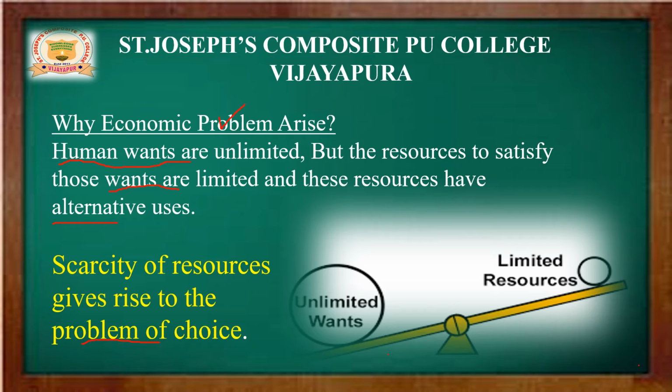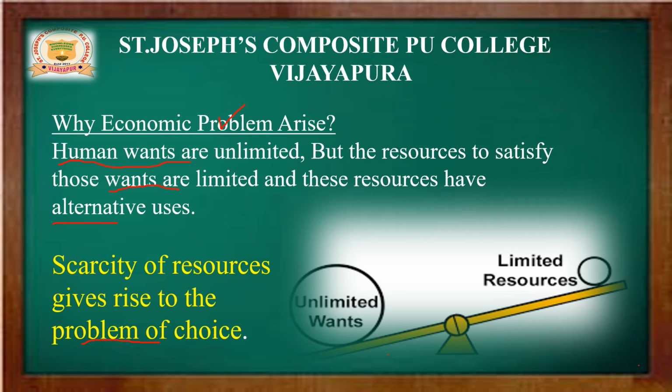Problem of choice means which one I have to choose. When there are options and I have to choose, that is when there is a shortage, scarcity. So scarcity of resources gives rise to the problem of choice. You can expect a few questions from this slide.